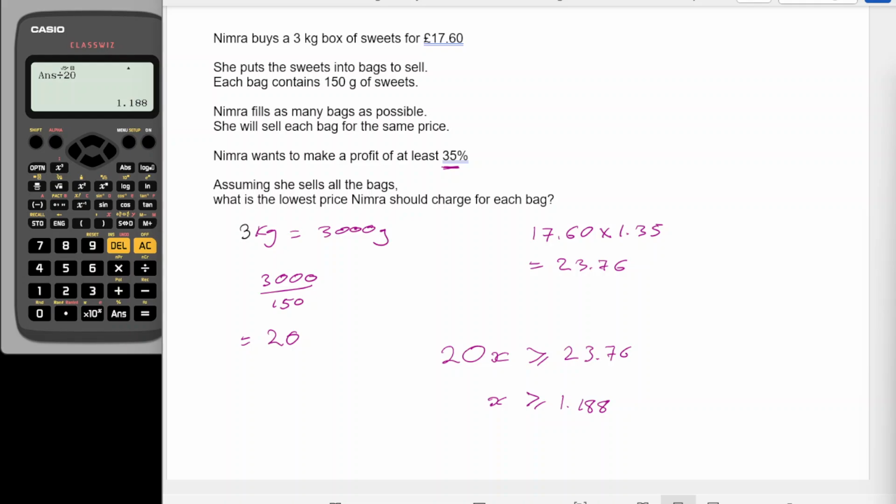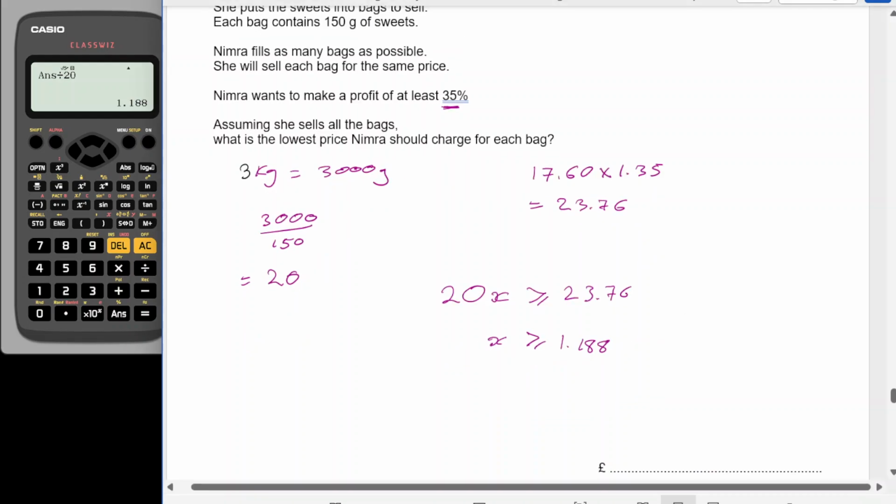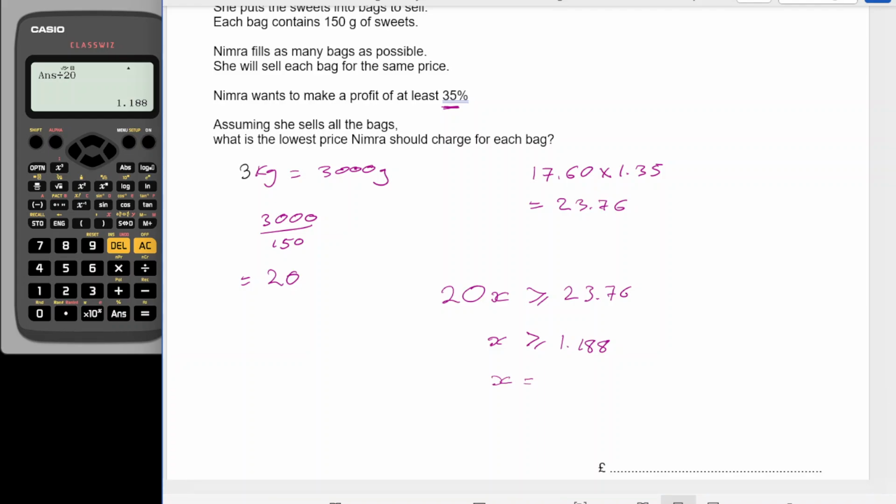Okay, so £1.188. It needs to be bigger than this value, so the nearest penny bigger than this value is going to be, she needs to sell x for £1.19 at least to make 35%. What's the lowest price she should charge? £1.19 per bag.